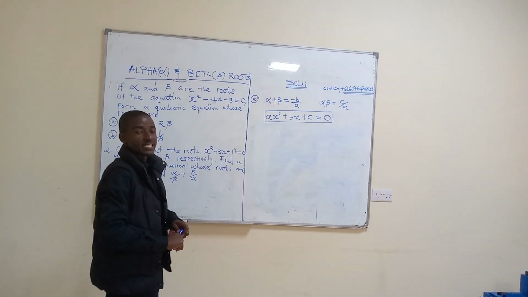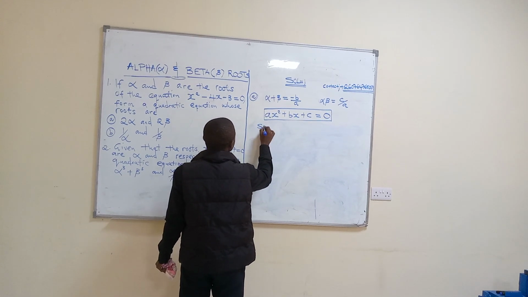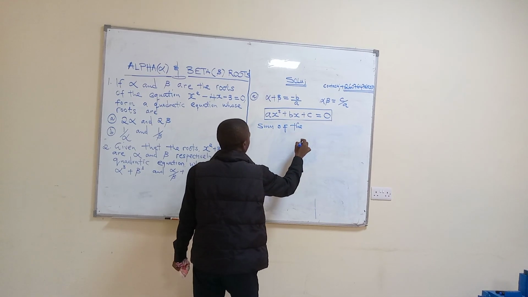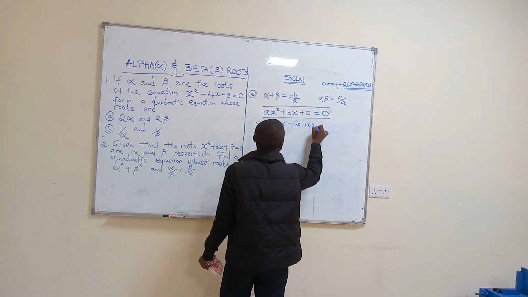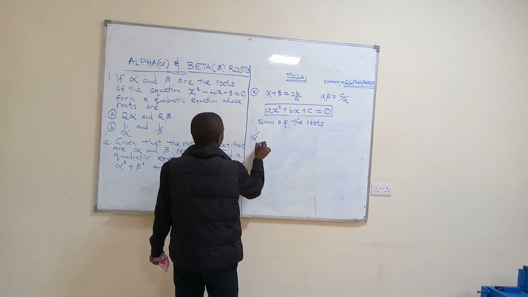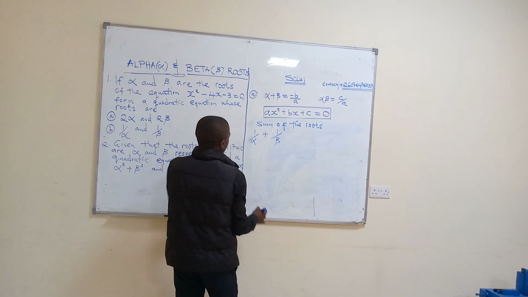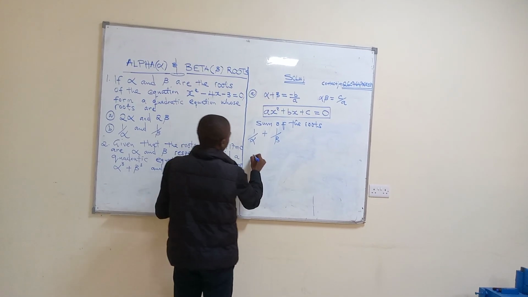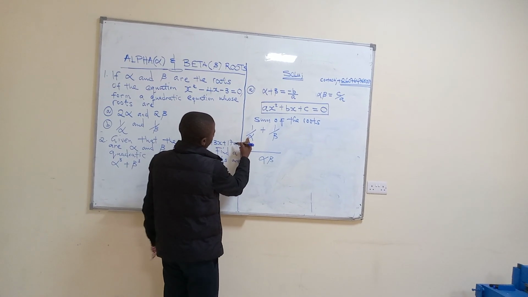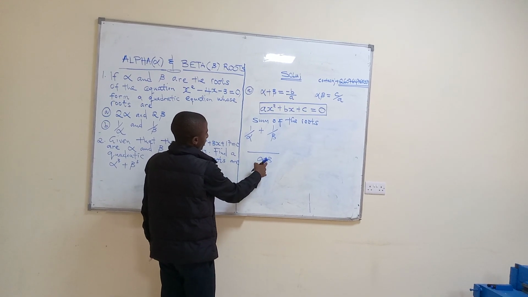So same procedures and same steps. You are going to say sum of the roots, that is 1 over alpha plus 1 over beta. Here just find the common denominator, which is alpha beta. So alpha into alpha beta, these cancel, and you remain with beta.